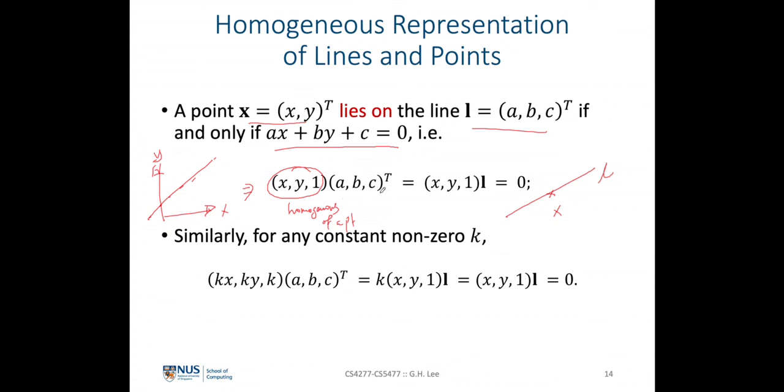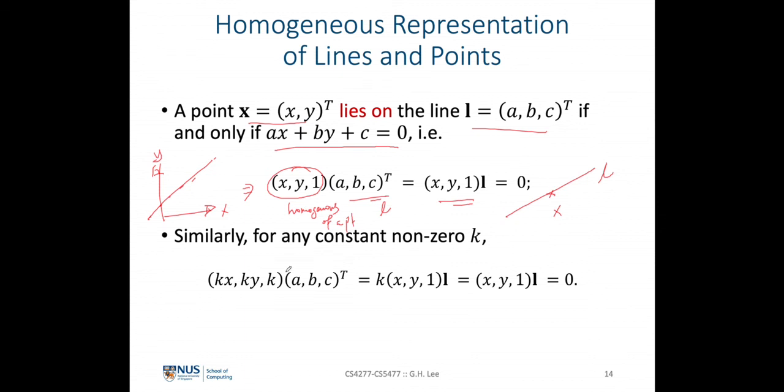And a, b, c transpose simply coincides with what we have defined earlier to be the homogeneous coordinates of a line represented by L. Hence, we can simply rewrite this into x y 1 multiplied by L, which is the 3 vector that represents the line. And according to this polynomial equation that represents the line, we can equate this product to be equal to 0.